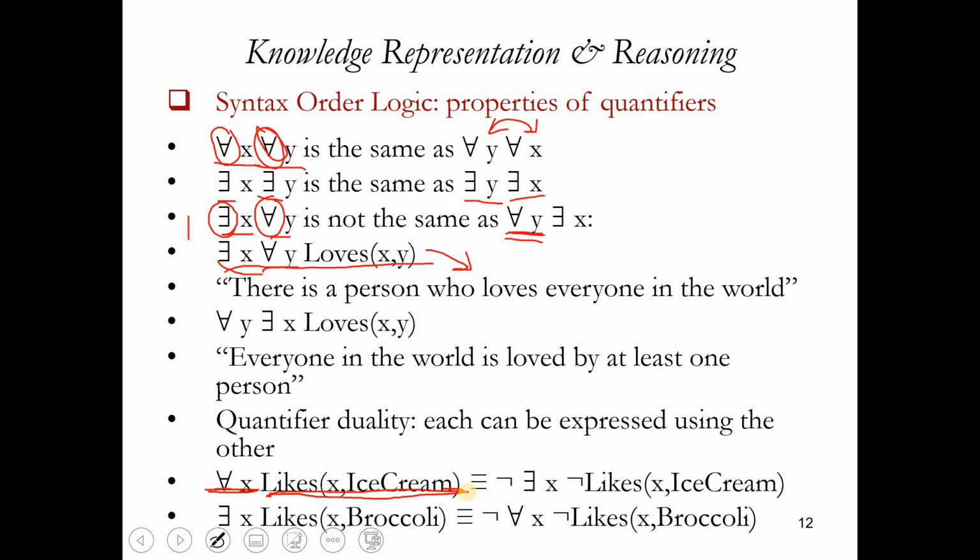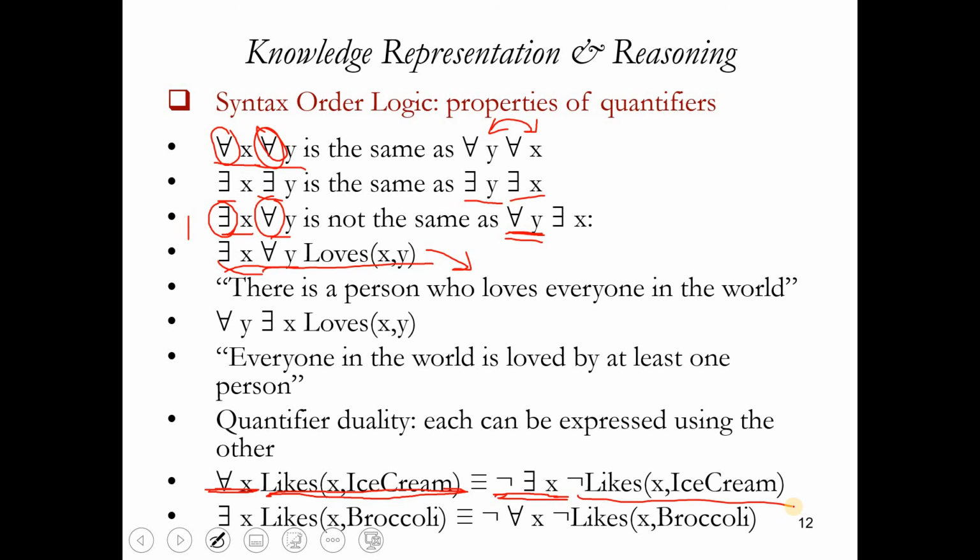You can write the same thing as: there is, you change the "every" to "some", with a not, and then some x who does not like ice cream. So there does not exist some person who doesn't like ice cream. English is tricky again, but it is the same meaning.